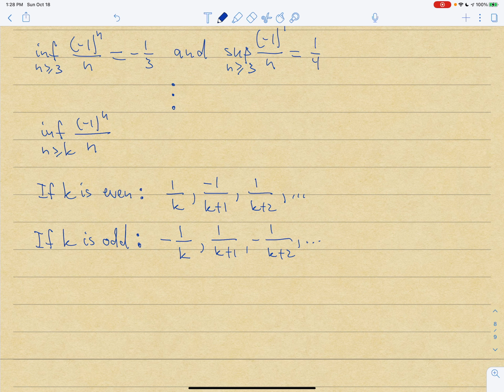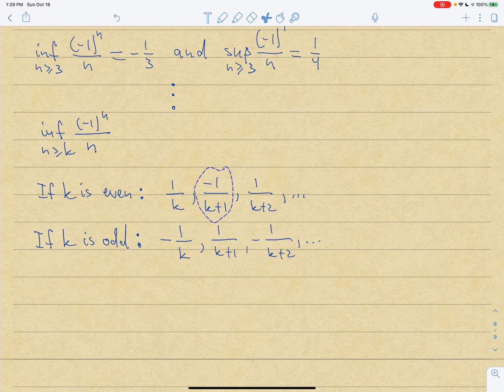And so then if I'm taking the infimum starting from the kth element, if k is even, then the kth element is positive, k plus first element is negative. And it has a larger size of the remaining elements of the sequence.